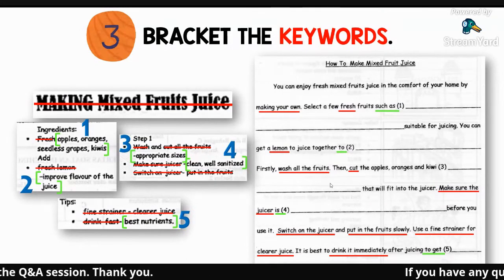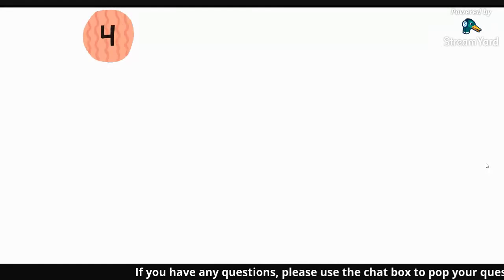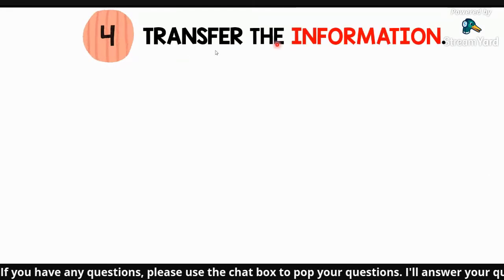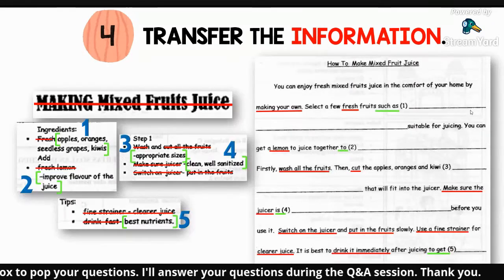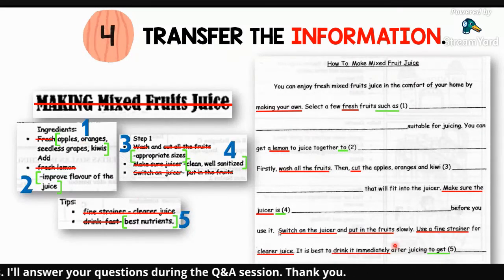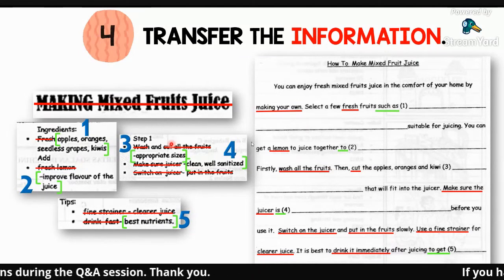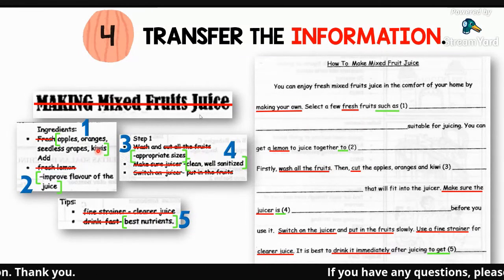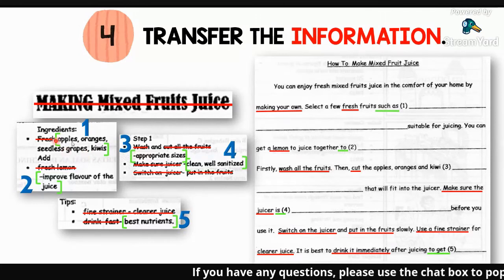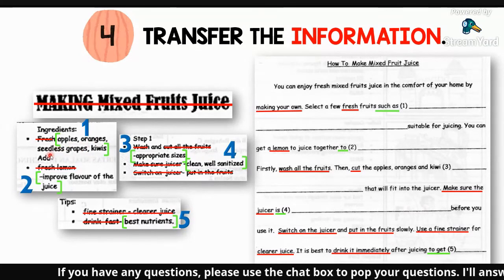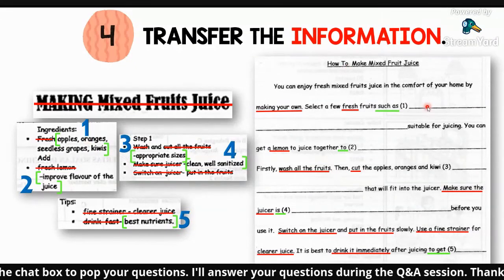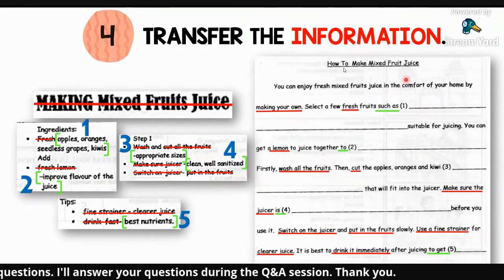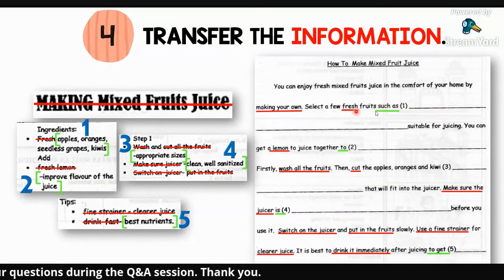Now let's go to step 4, the last step, where you transfer the information. So here we have got everything done from step 1 until step 5. So we are going to transfer the information now. As you can see, apples, oranges, seedless grapes, kiwis. We are going to put this over here. But as you are transferring, you have to read the sentence again, all right?